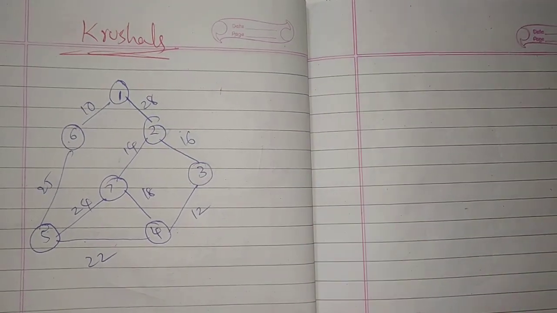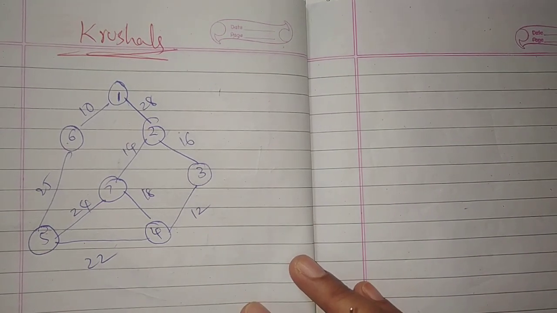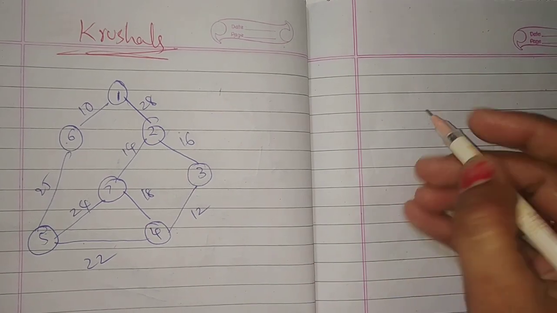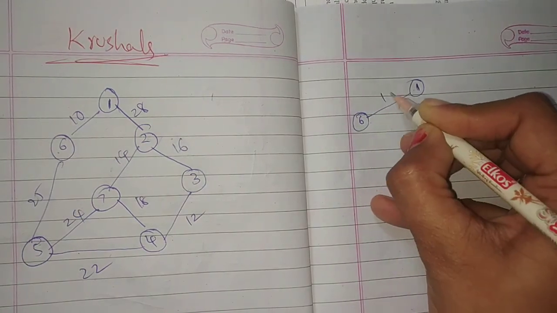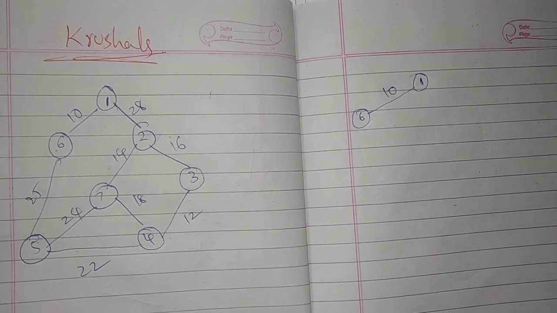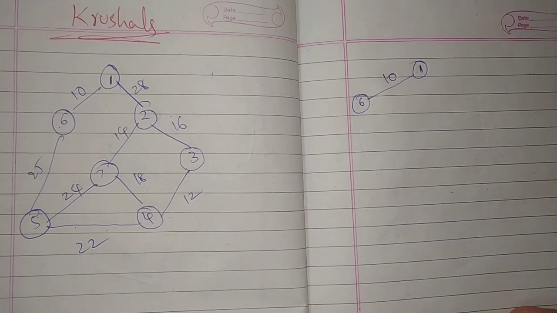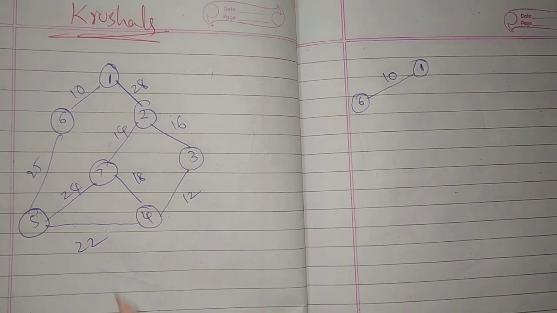Okay. Now, the first step is to take the minimum cost edge. As usual, 1 to 6, that is 10. Next, again take the minimum cost edge that is not adjacent, which is again the minimum cost edge 12, right?